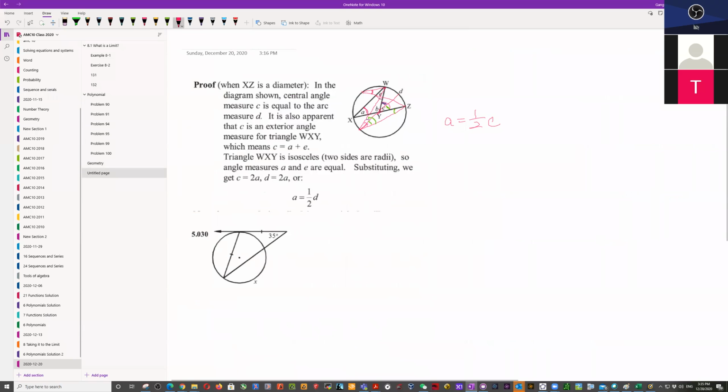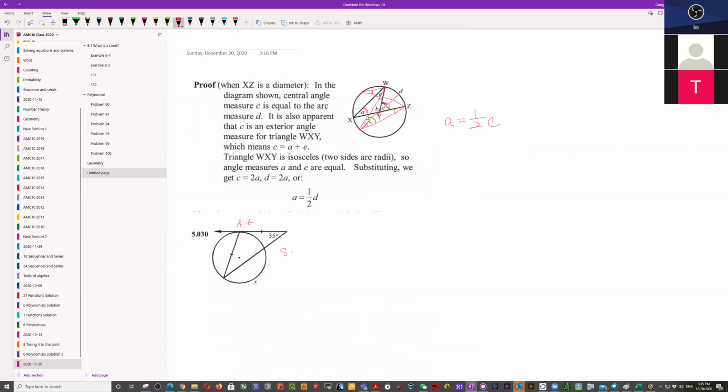So it looks like this is a tangent line. And basically, we can tell that this is a tangent line, this is a secant line, and it cuts the whole circle into 3 arcs. So this is arc 1.